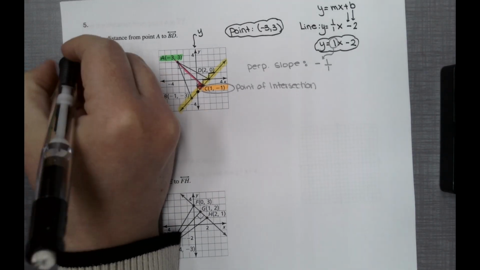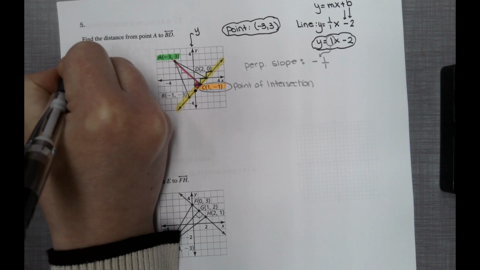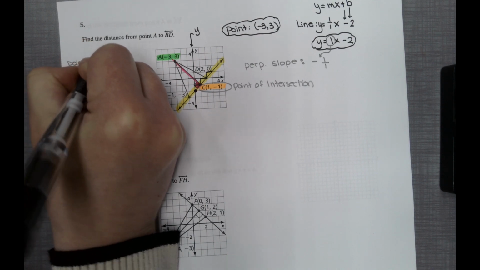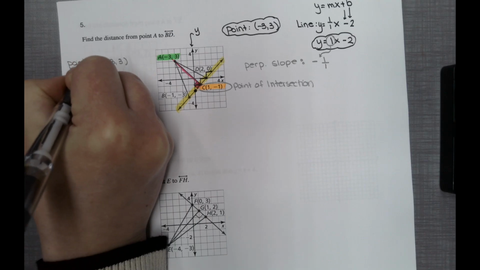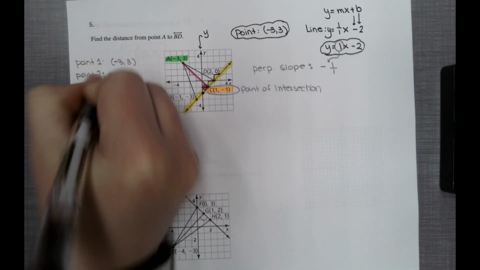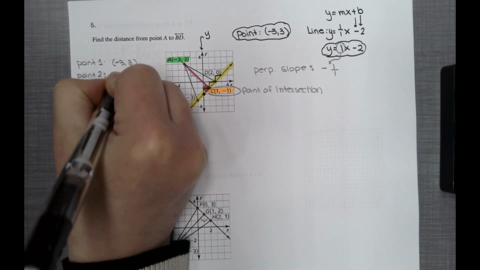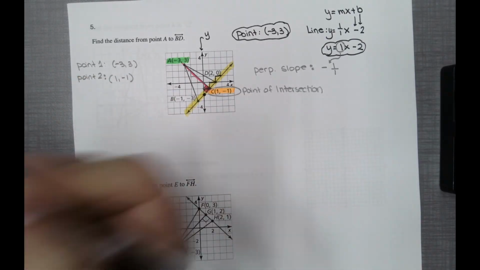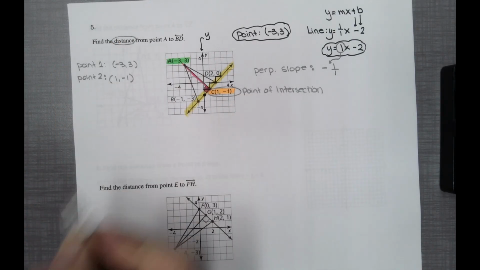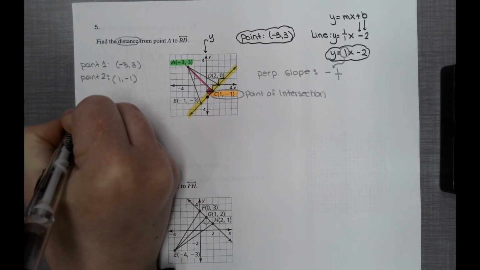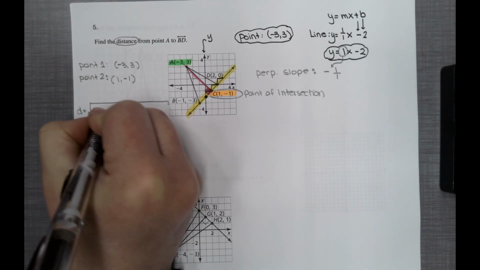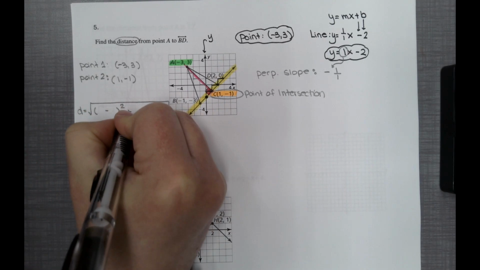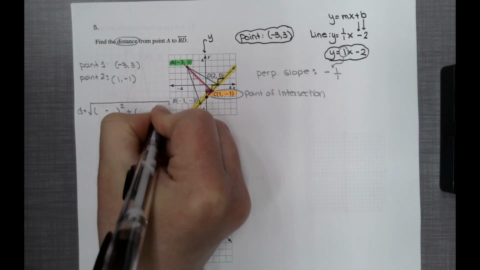With our 2 points, we got point 1, which is negative 3, 3. We have our point 2, which is our point of intersection, and that is C at 1, negative 1. And what are we trying to find? We're trying to find distance. So we're going to write out our distance formula: x2 minus x1 quantity squared plus y2 minus y1 quantity squared.